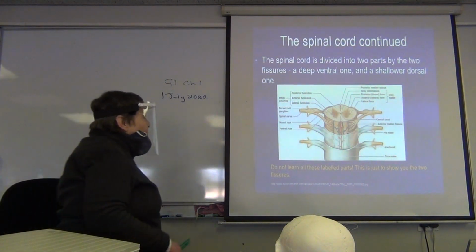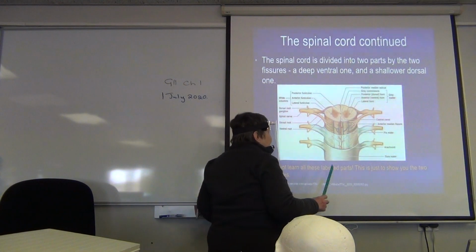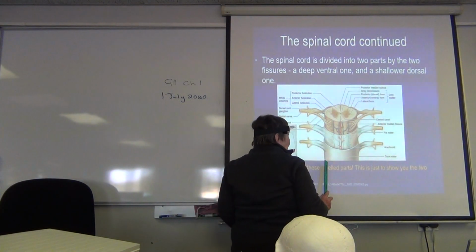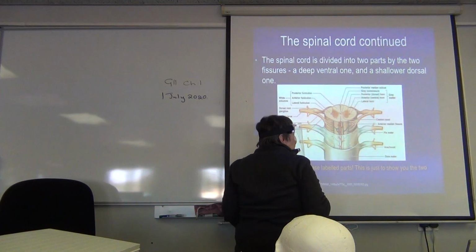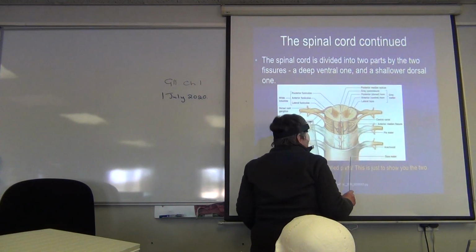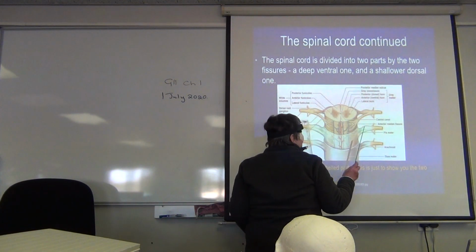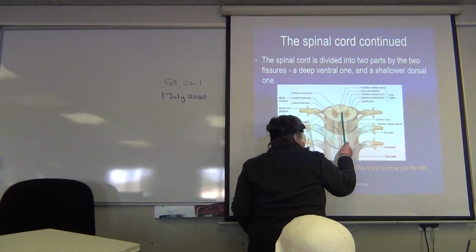If one takes a section through the spinal cord, here what you've got is the meninges. Just as you've got the meninges going around the brain, there are meninges around the spinal cord, but I've mentioned that 1,000 times now, so I'm over that. This is the central canal.